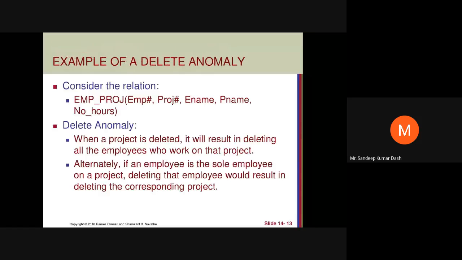This is about deletion anomaly. Here the example is given: when a project is deleted, it will result in deleting all the employees who work on that project. Alternatively, if an employee is the sole employee on a project, deleting that employee would result in deleting the corresponding project. Okay, fine.